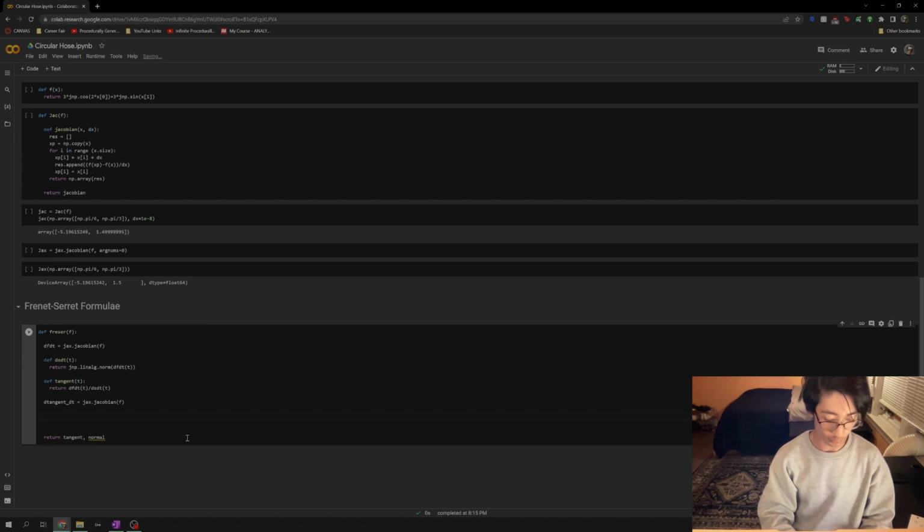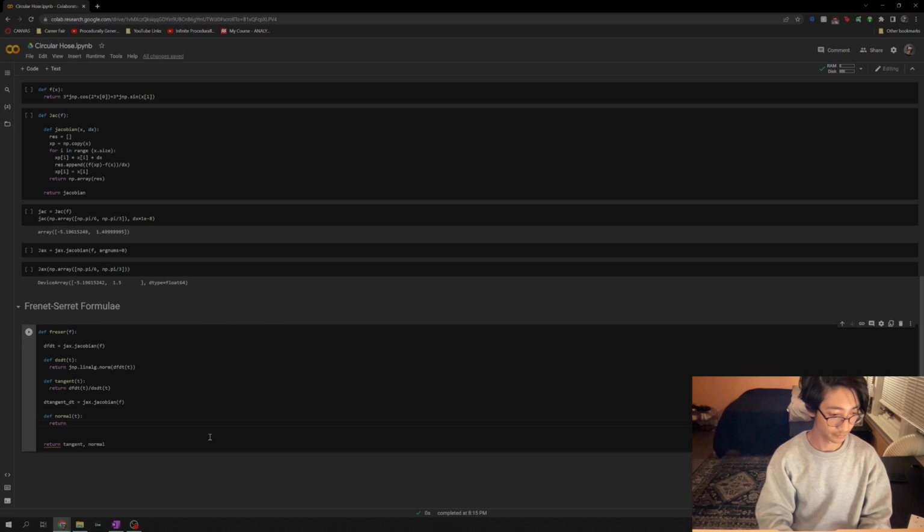Now in order to get the normal, we can define another function, def normal, and it takes time as input, and we will want this to return d_tangent_dt, which takes time as an input, and divide that by ds_dt, which also takes time as an input. So there we have all of our functions.